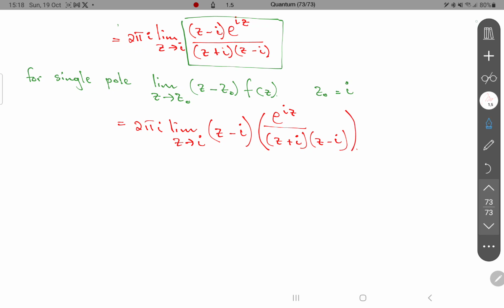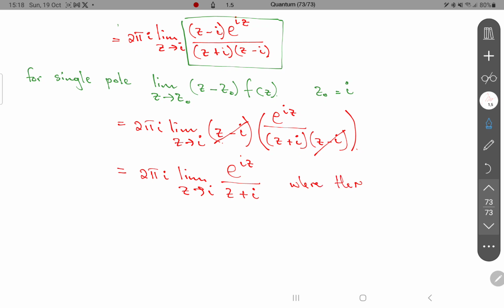So I guess you understand. So there is no cheating. You can cancel here. So we are going to have 2 pi i, the limit as z approaches i of e^(iz) all over z plus i.